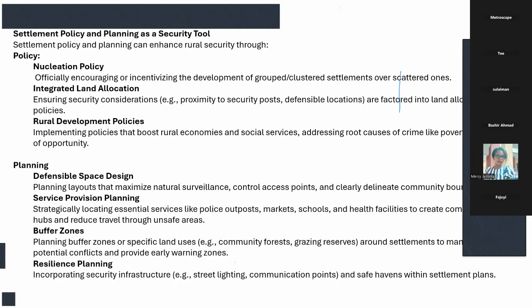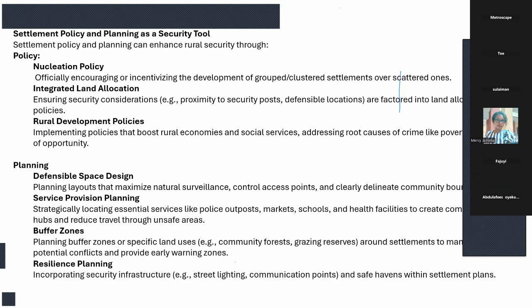Maybe the government can bring policies that will encourage people to live together. For example, if the government establishes a primary school in an area, automatically you will see most of the people living scattered around the area come together to build a new settlement around the school, or whatever facility the government establishes in that area.